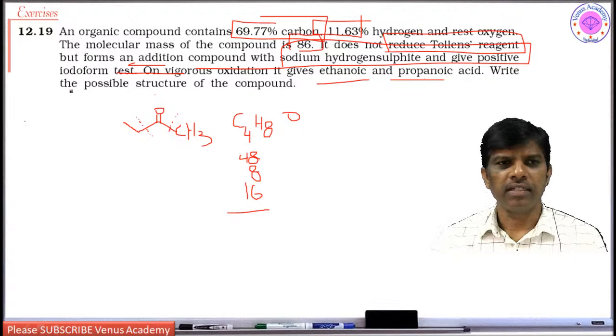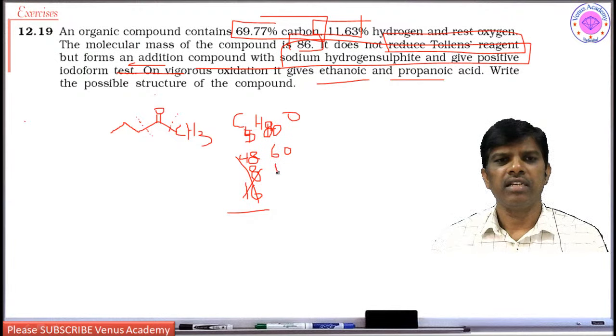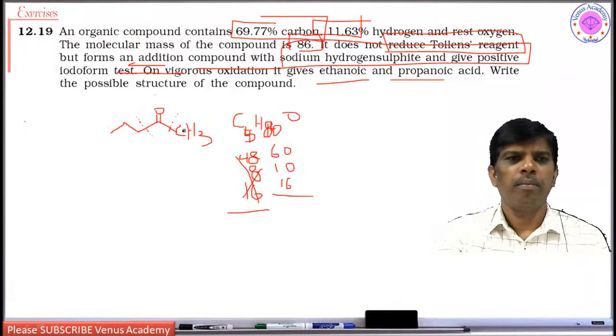Propanoic acid has one more carbon, so C5 and here 10 hydrogens. 3, 4, 5, 6, 7, 8, 9, 10. It is 60 plus 10, 70, plus 16, 86. So this is 1, 2, 3, 4, 5. 2-pentanone is the starting material.